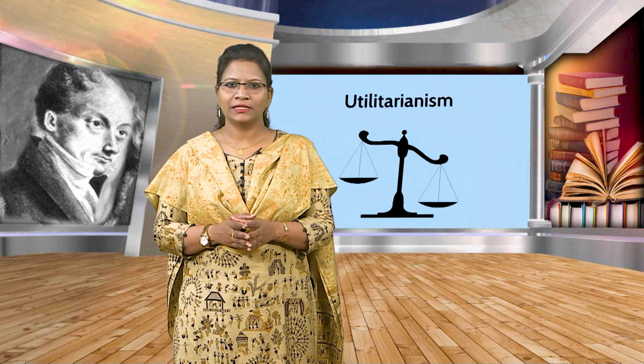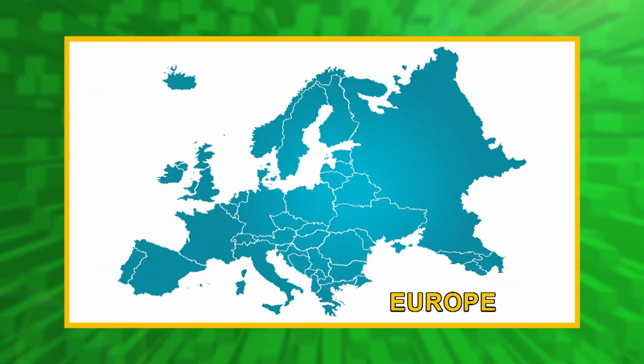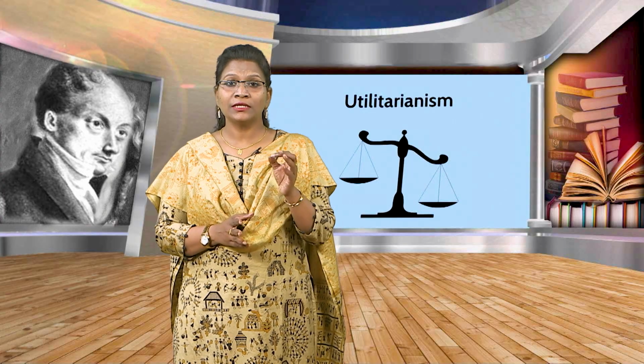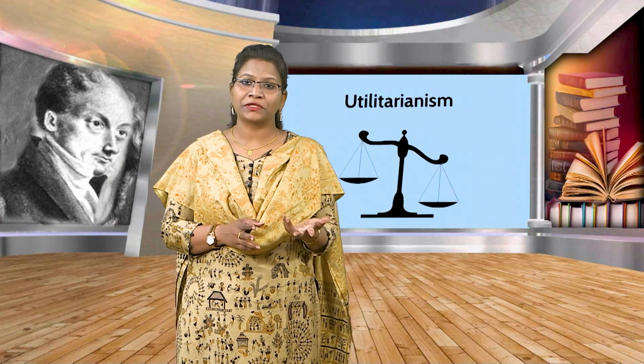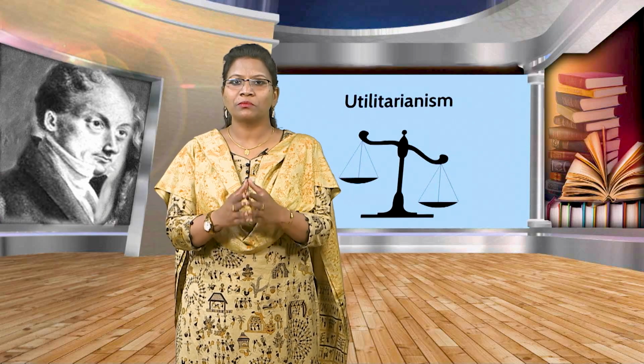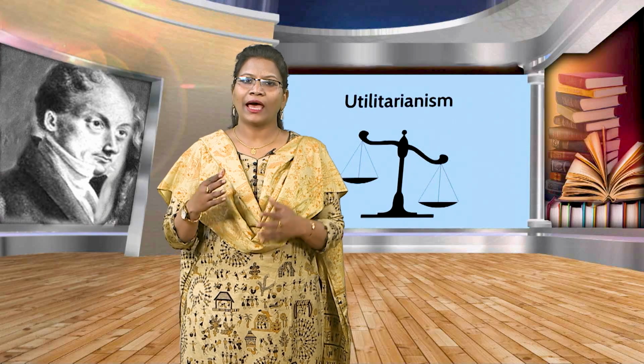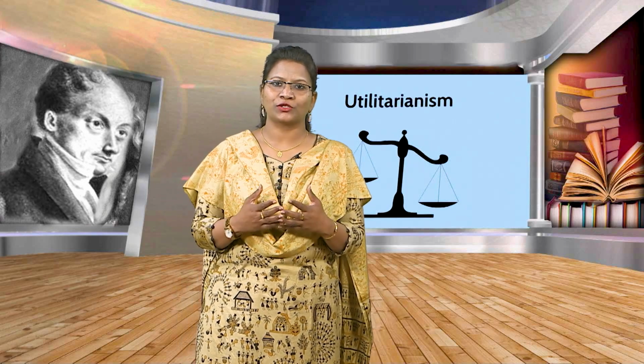This was a period when democratization was slowly unfolding in many countries of Europe. However, the erstwhile feudal aristocracy of Europe were reluctant to yield power to the masses. They were trying to hold on to as much power as possible.